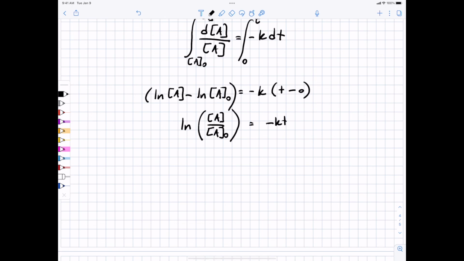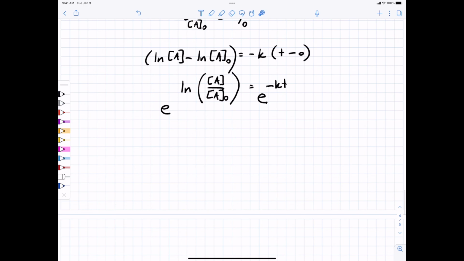And then we're going to raise both sides to the power, we're going to use both sides as exponents for the number e. All right? So the exponential of a natural logarithm, or e raised to the power of a natural logarithm, is simply that number, and then you've got e raised to the minus kt.